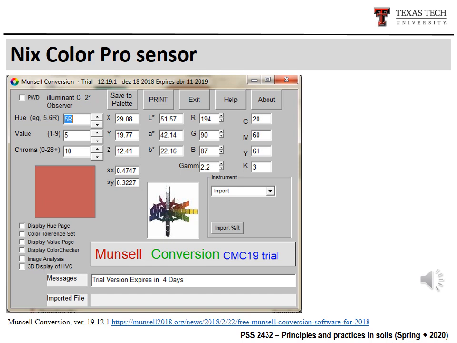For example, this is a free software, and as you can see here, you can enter the hue, the value, and chroma from the Munsell system and convert to different color systems.